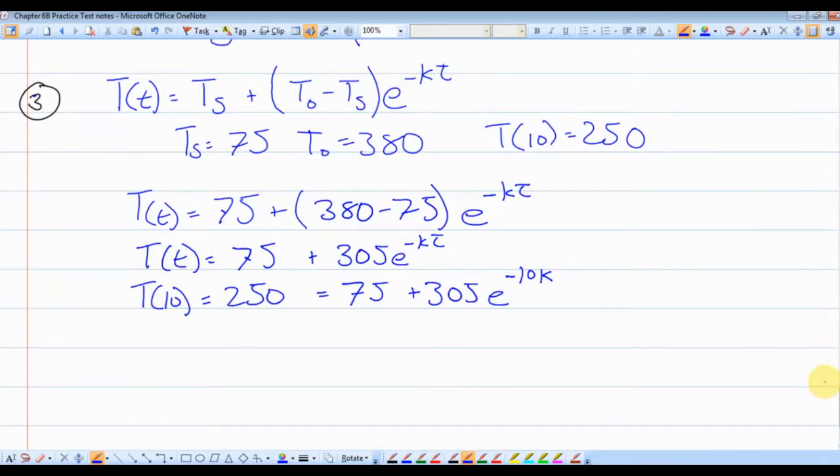Okay. That second temperature reading, the one that's not initial, you're going to use to find k. All right. Is that 175? 175 over 305 is equal to e to the negative 10k.